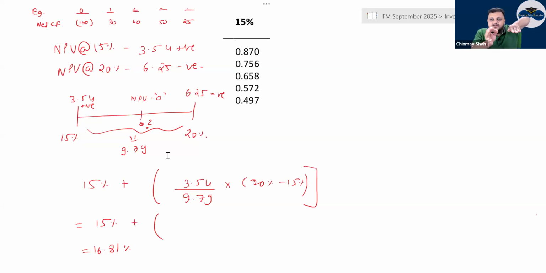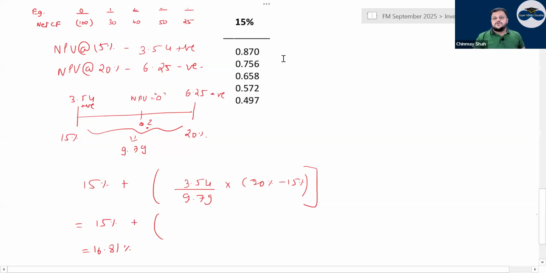Then only can the interpolation formula be applied. And the lesser the distance between the two rates, the closer the answer will be to the appropriate answer. Have I proved all these lines? We will write this, don't worry. Rachel, what do you say?